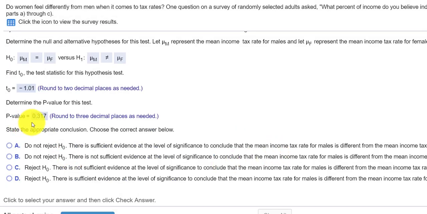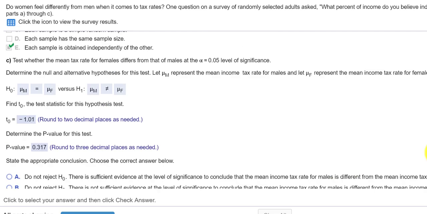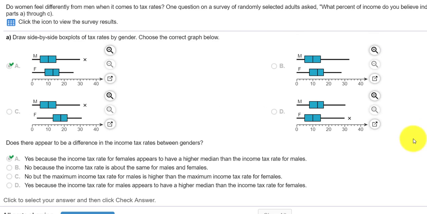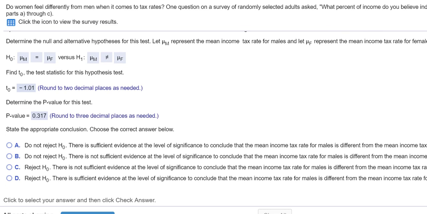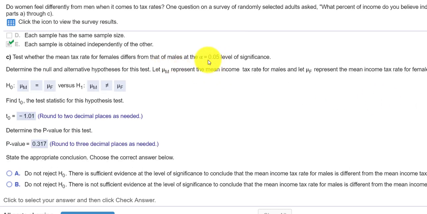Last thing. So since my p-value is greater, what's my level of significance? Where are we testing that? Here it is. 5%, right, or 0.05.